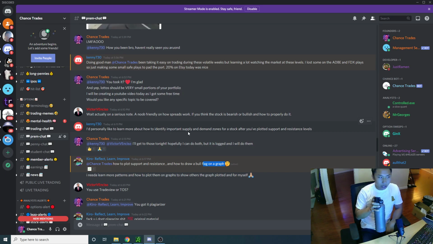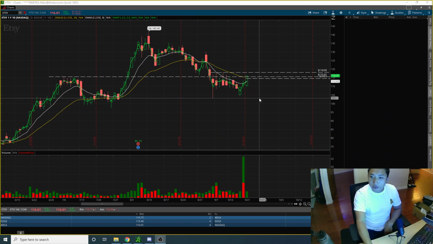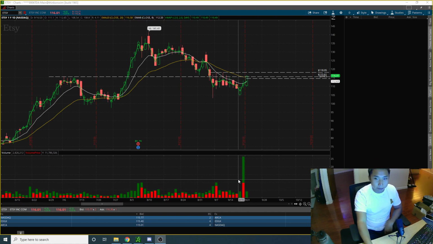To show you guys how I plot my support and resistance levels, we'll go back to the Etsy trade that we took today. So here's the Etsy chart. I've never looked at Etsy, and it was brought up by Panda today in chat. The first thing I noticed on the 1 day chart is this huge volume bar that came in.